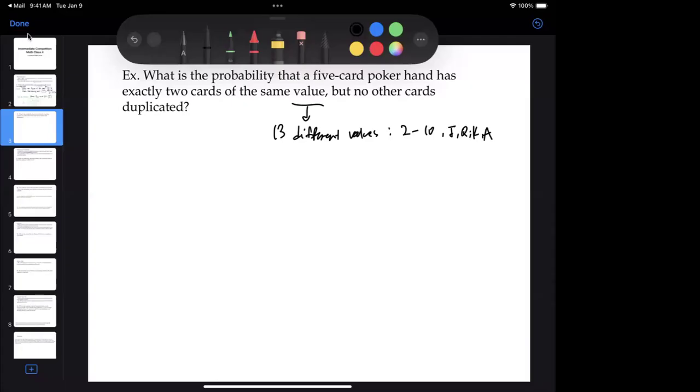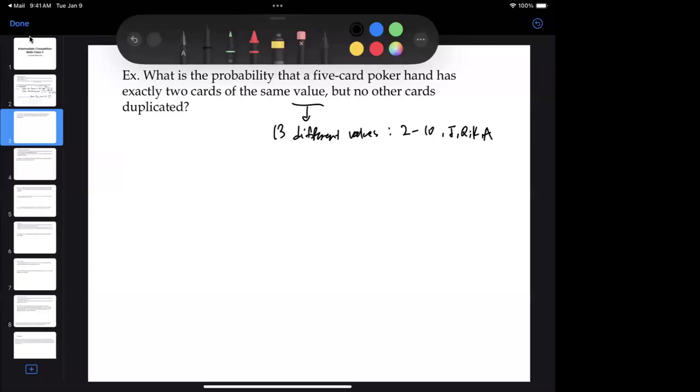All right, does anyone have any ideas on this question? Oh yes. I guess this is just an idea, but 4 out of 52, because each of the face values has 4 of them.